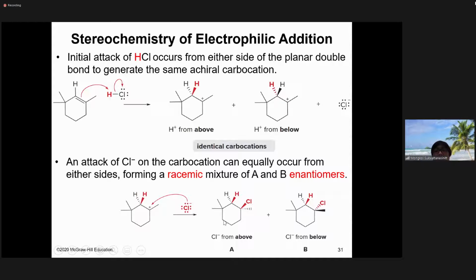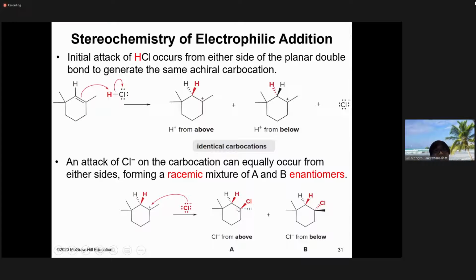So you get the same amount of product here, which means you get what kind of product? This carbon becomes chiral now, as you can see. You learned about stereochemistry before? Yes. Okay, this carbon is chiral, right? This one is R or S. Can you tell?